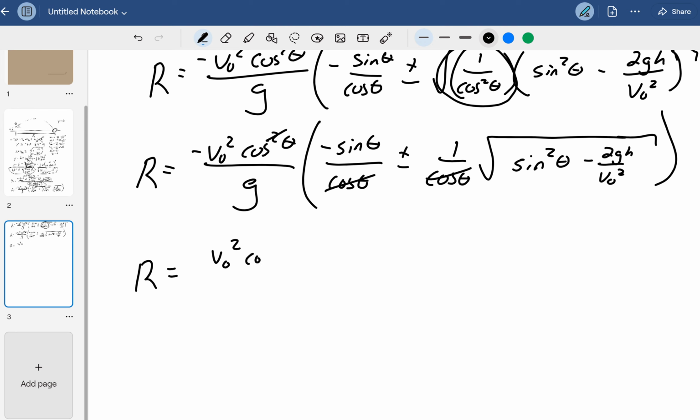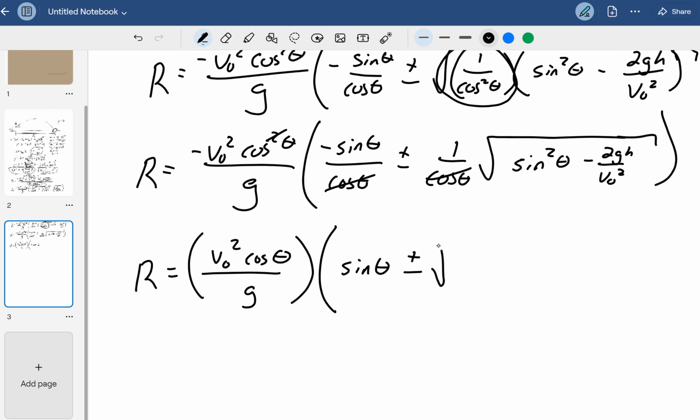V0 squared times the cosine of angle theta divided by g. And then all of that times positive sine of theta, because we distributed that negative sign, times plus or minus, because like we said, there's 2 solutions there anyway. They'll both just flip signs. Plus or minus square root of sine squared of theta minus 2gh all over v0 squared.